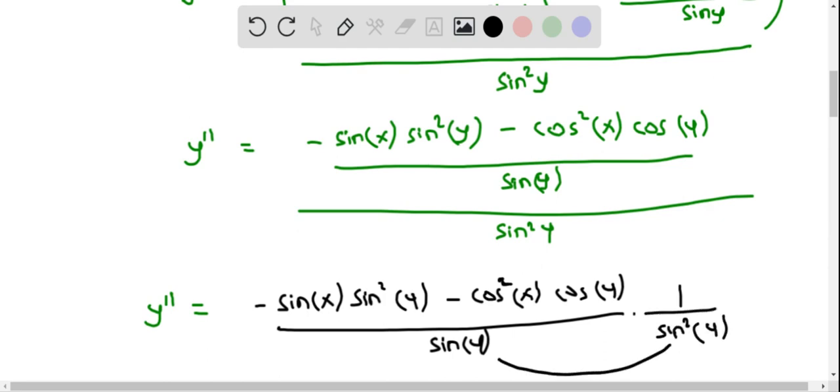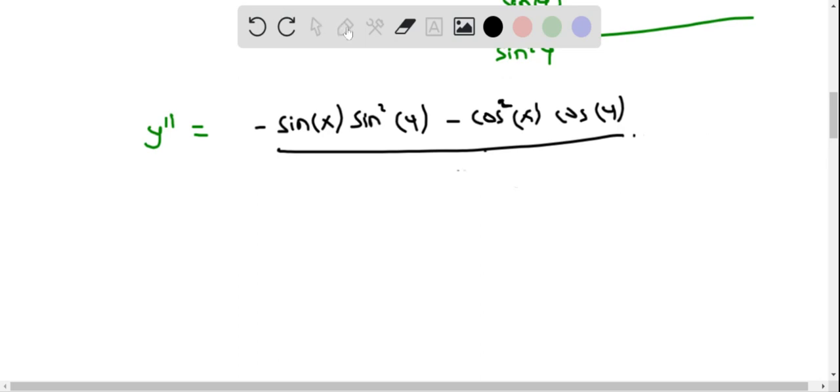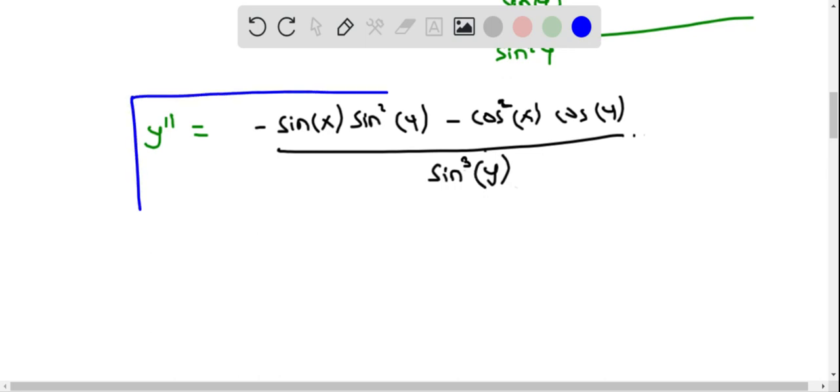Now we can multiply these two denominators. So sine y times sine squared y is sine cubed y. So therefore this will become sine cubed y. I can just remove this and then write down this as a single denominator, that is sine cubed y. So this is the final expression for y double prime.